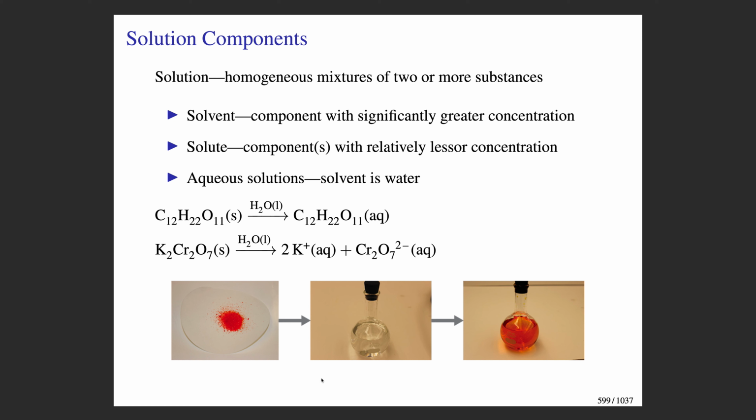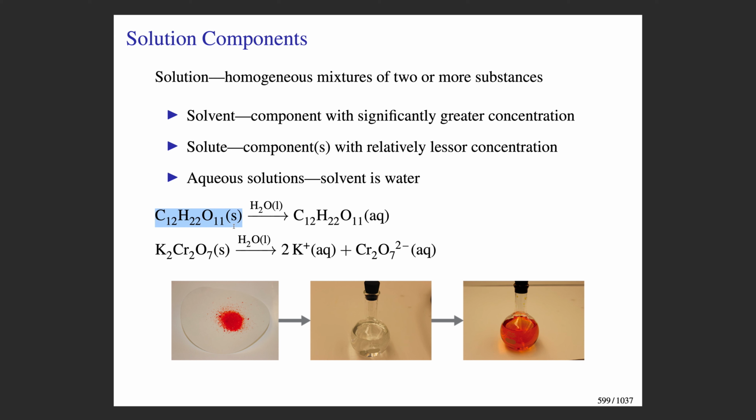Whatever the solution consists of mostly, that's the solvent. The parts of the solution that are present in smaller amounts are called the solutes. I mentioned this earlier: when water is the solvent, we call it an aqueous solution. I've got two examples here. Here we're making a glucose solution, some type of sugar solution.